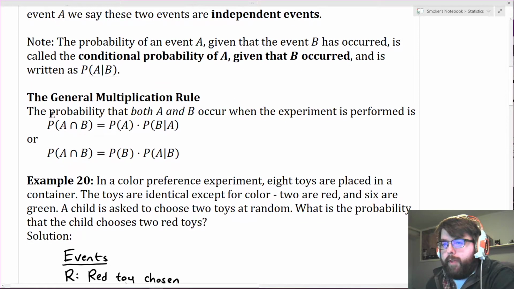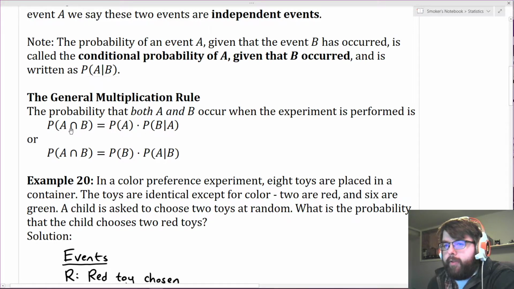The general multiplication rule, and we'll see an example of this in a second, is that the probability of the intersection of A and B will be the probability of A times the probability of B given that A occurred.